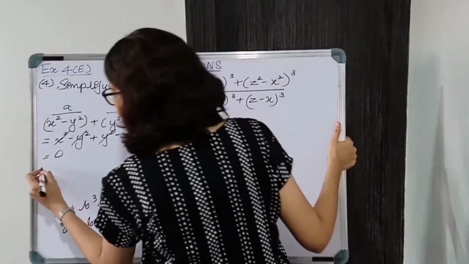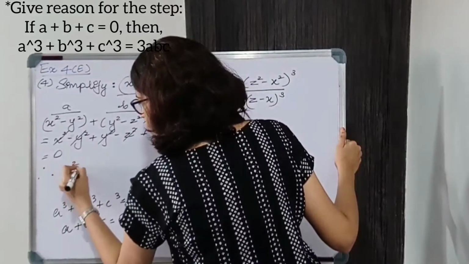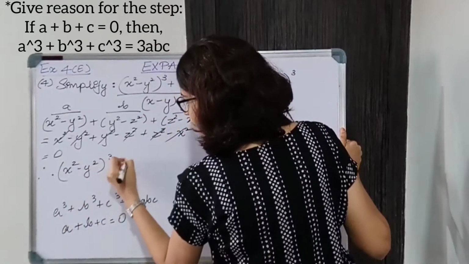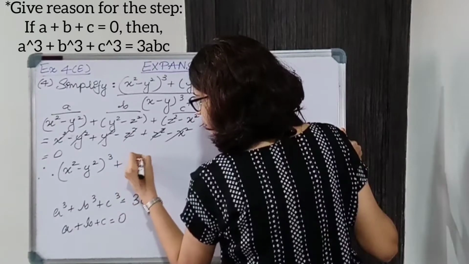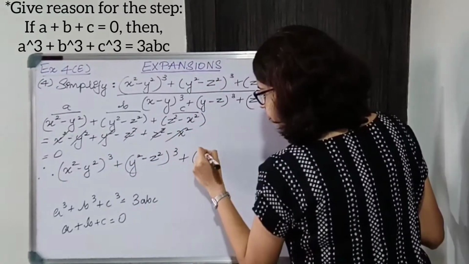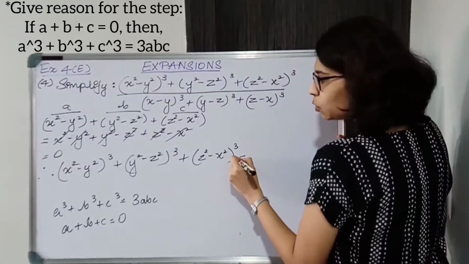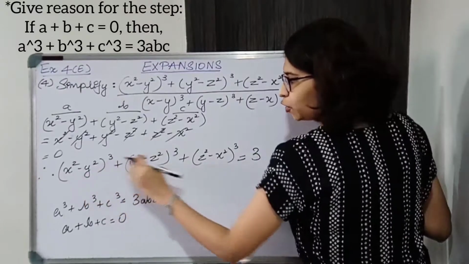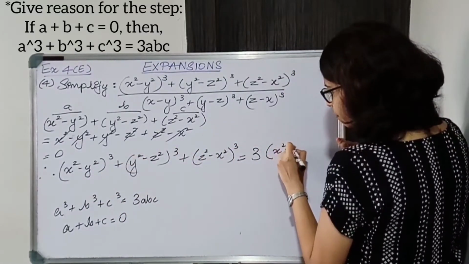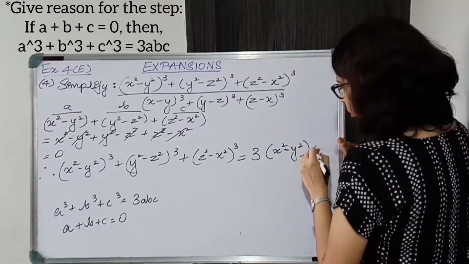So I can say therefore x square minus y square the whole cube, a cube, plus this b cube plus c cube is equal to 3 into a into b into c. A is x square minus y square, b is y square minus z square.